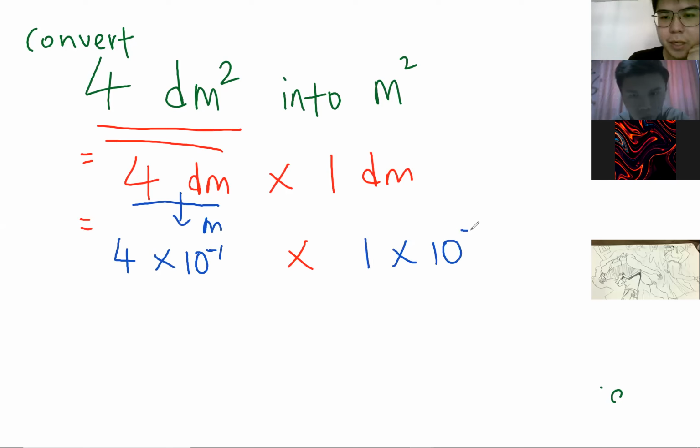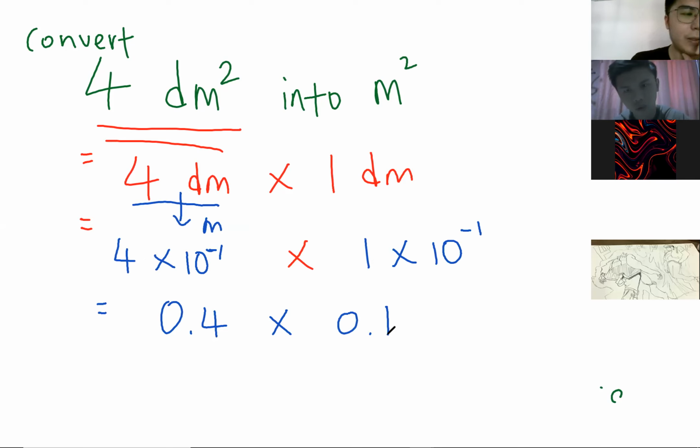So this is 0.4 times 0.1. Meaning I change this one, this one is equal to 0.1 actually.